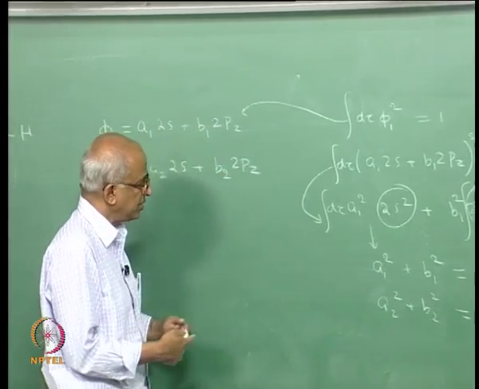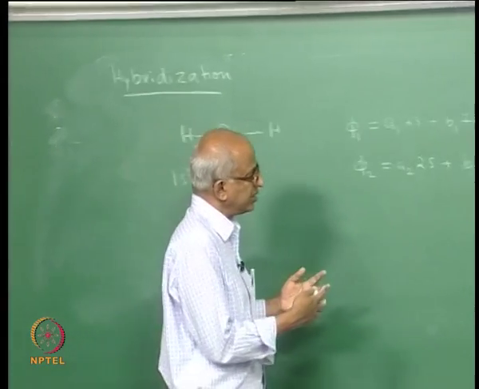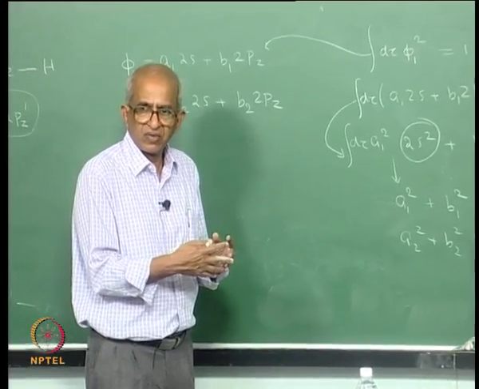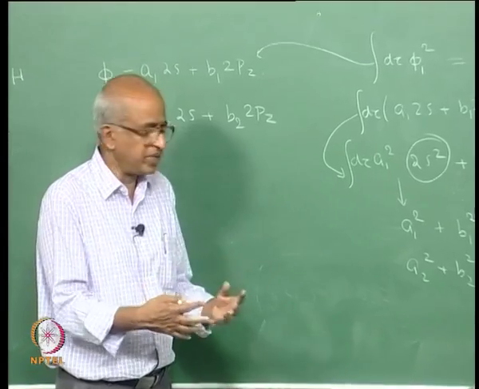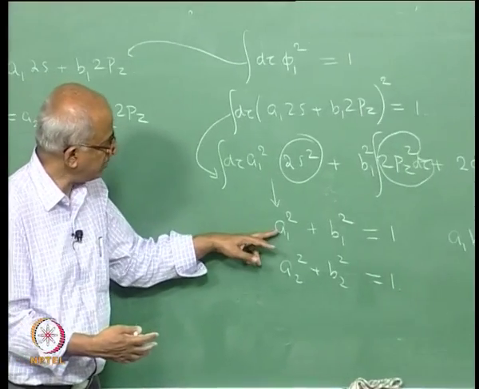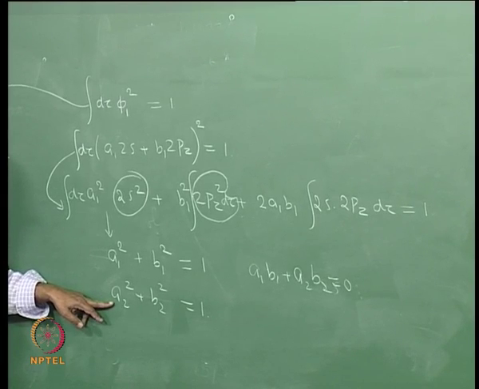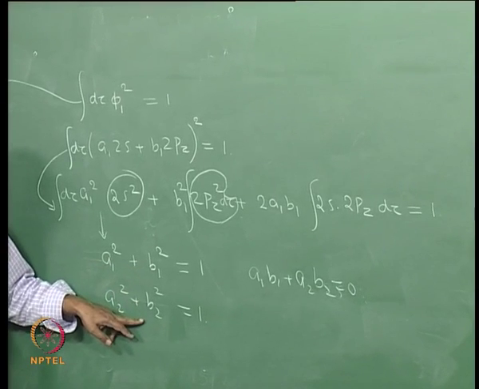If that is the way it is, I want the two hybrid orbitals to be equivalent, and that means that magnitude wise a1 square must be equal to a2 square, and also b1 square must be equal to b2 square.